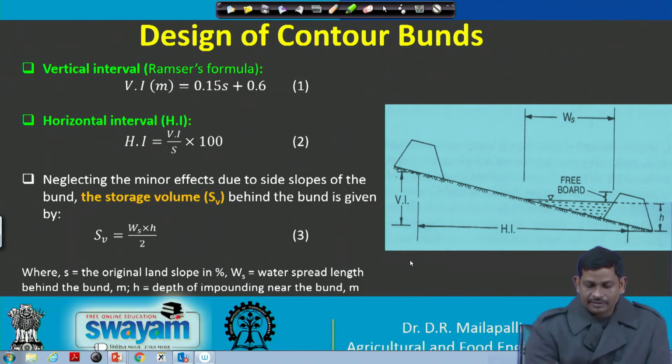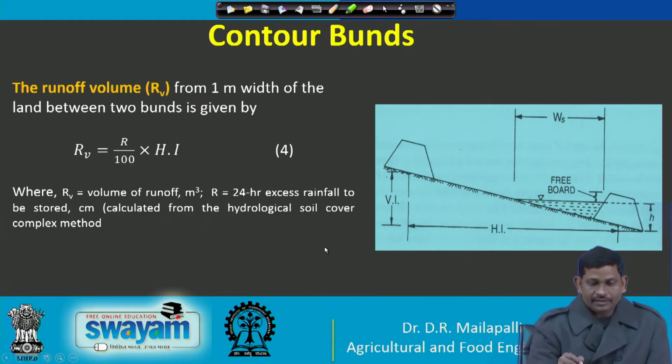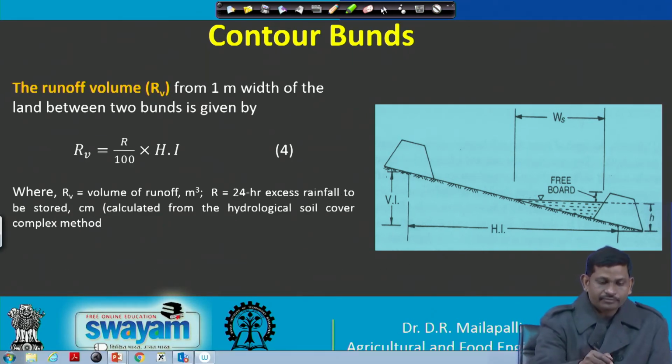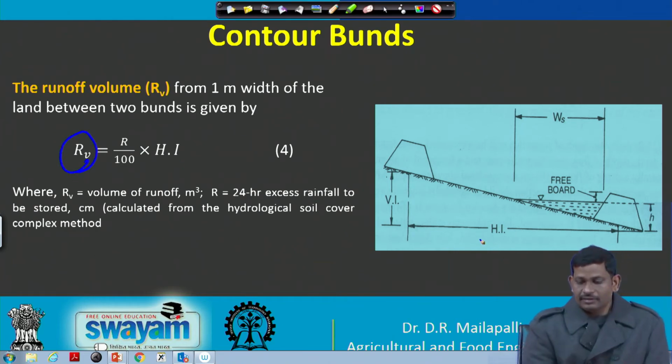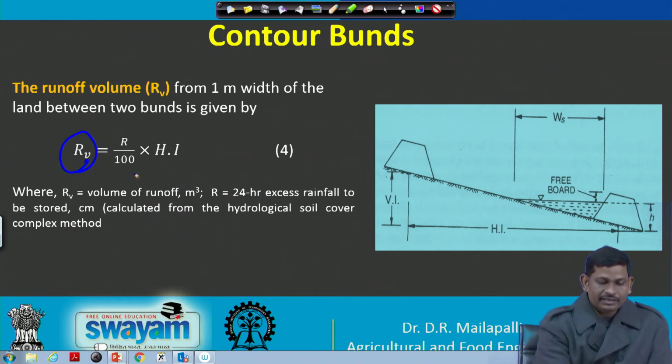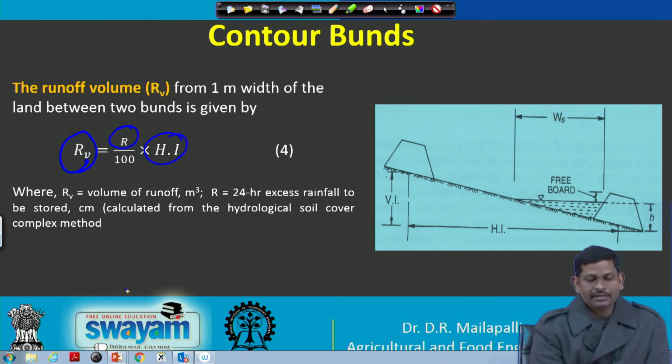And then let's see here the runoff volume RV. RV is generally estimated like R into Hi divided by 100. Assume that we are estimating it for 1 meter width of the land between two bunds.